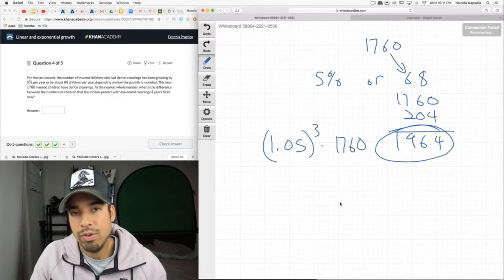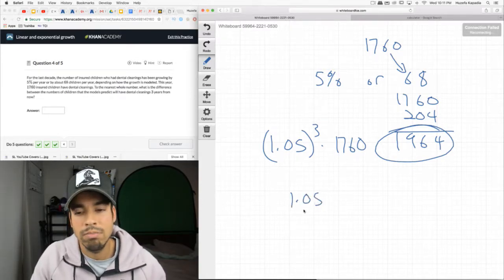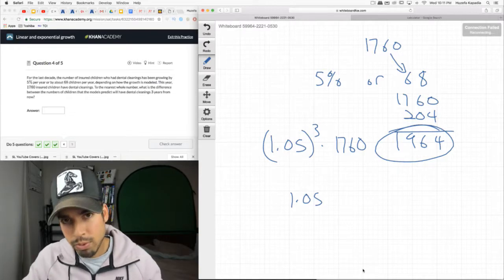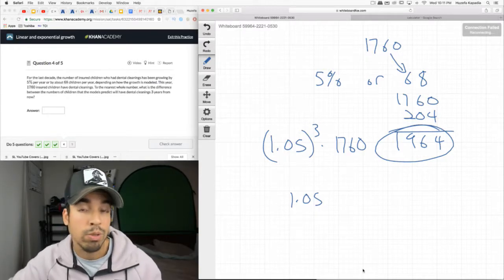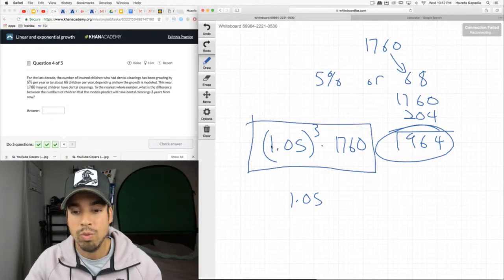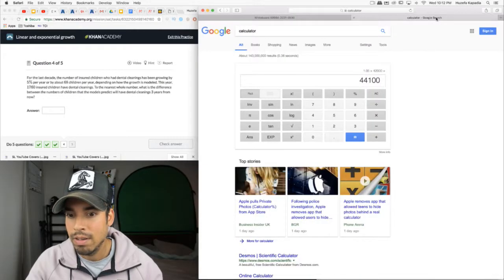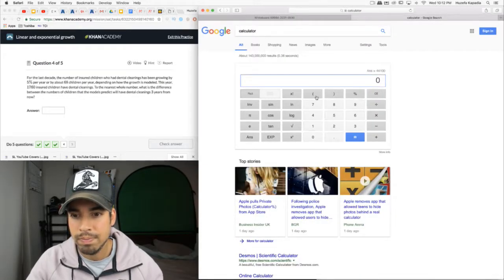If you don't want to do it like that, you can just do 1.05 times 1760, get your answer, multiply by 1.05 again, and multiply that by 1.05 again. I'm trying to save some time here. So it's basically 1.05 times 1.05 times 1.05 times 1760. So let's put it in here.